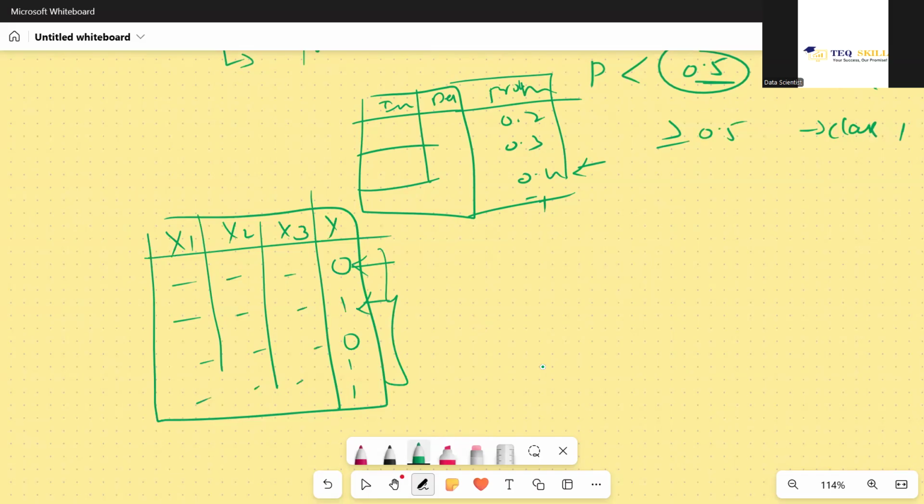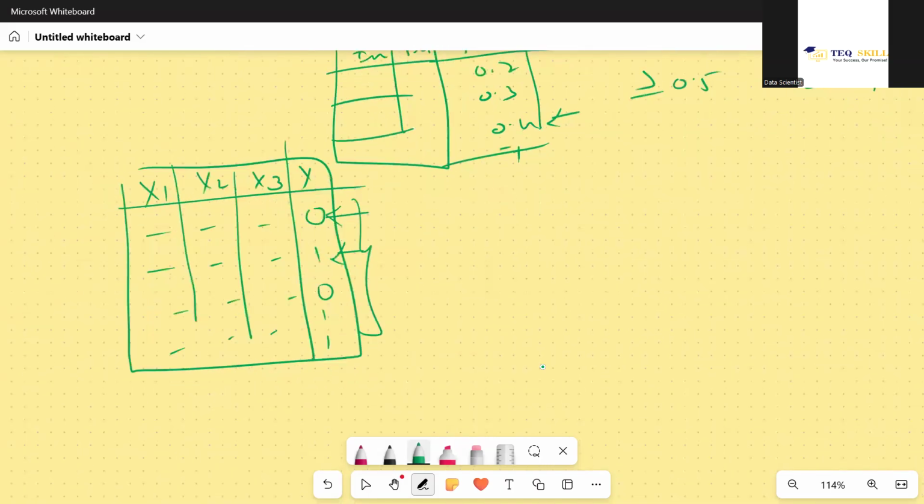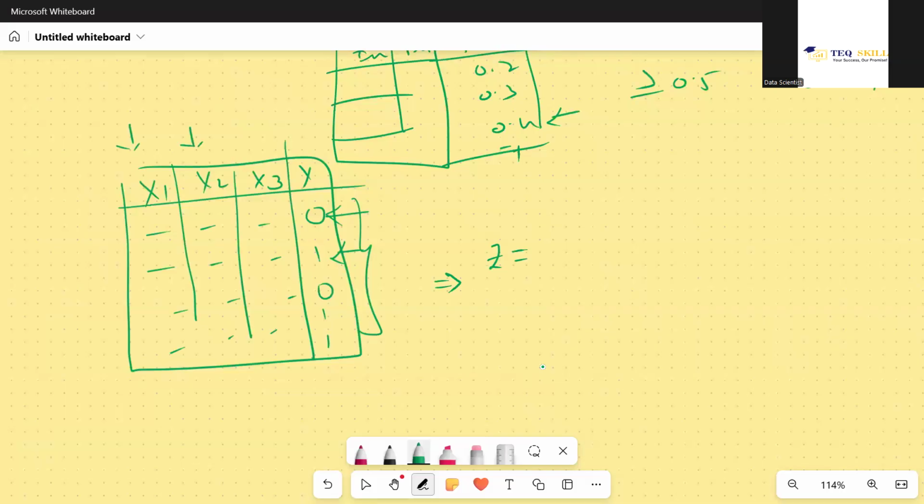In this situation, logistic regression works with a linear combination, so we first calculate the linear equation. For each and every input you have some kind of weight. Let me consider the weights as w1, or else m1, m2, m3.